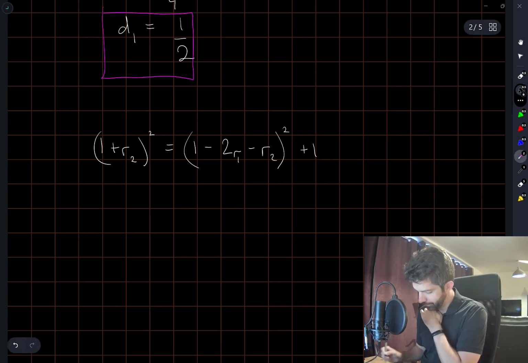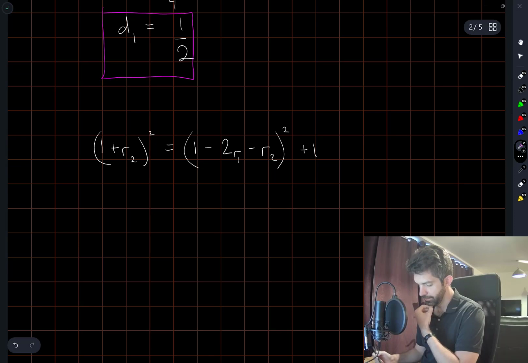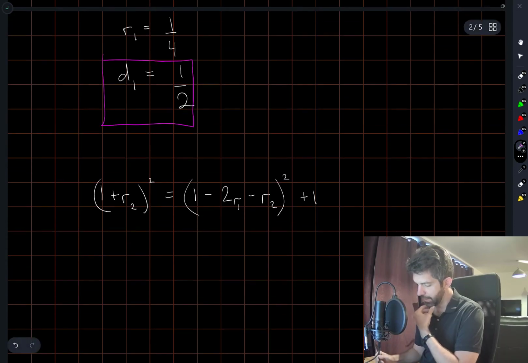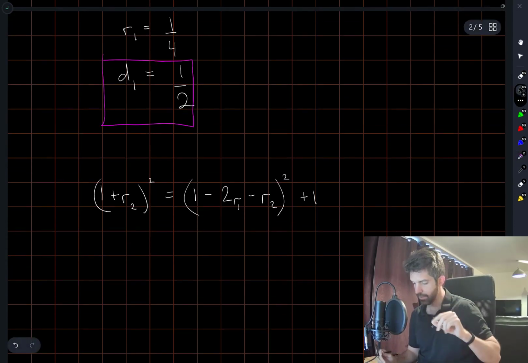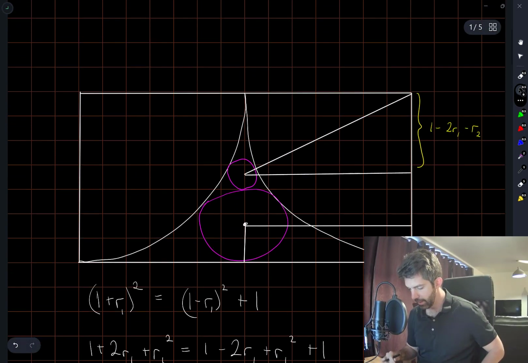Now, of course, I know what this quantity is, but I want to think ahead now to generalizing this procedure.